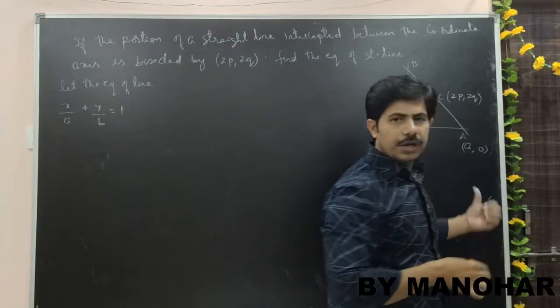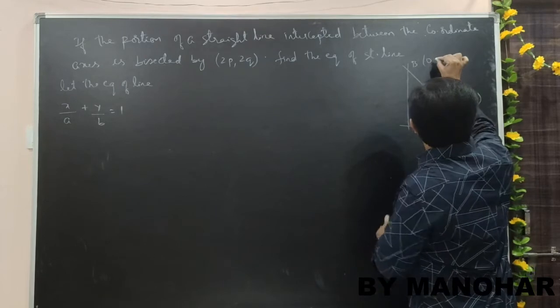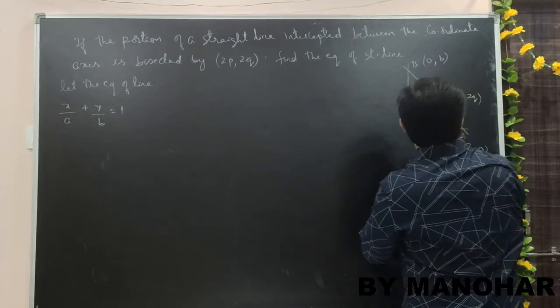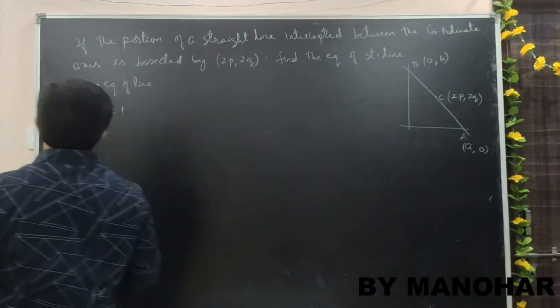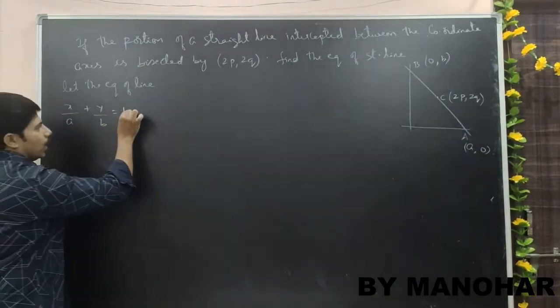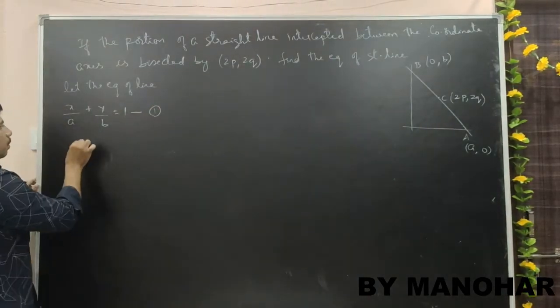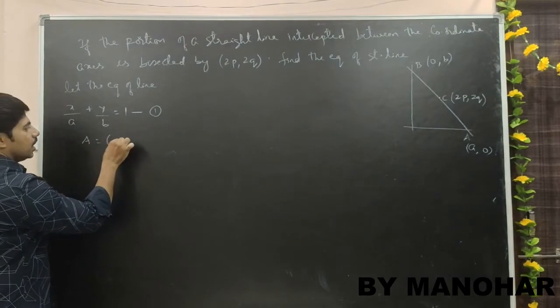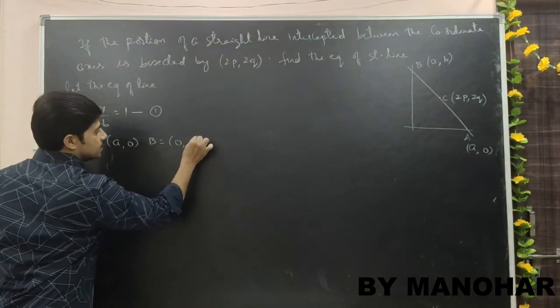I already told this. And what is point B? It is 0 comma b. Now I write those two. So the intercept form of the line is x by a plus y by b is equal to 1. Put it as equation 1. Now point A is a comma 0 and point B is 0 comma b.